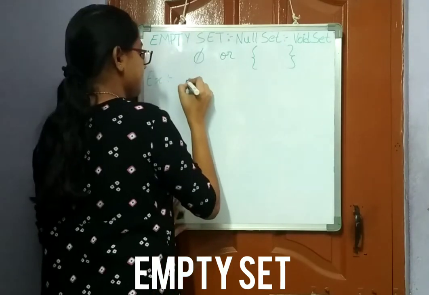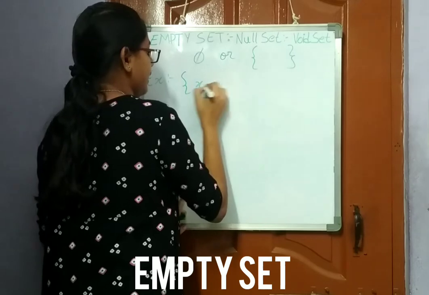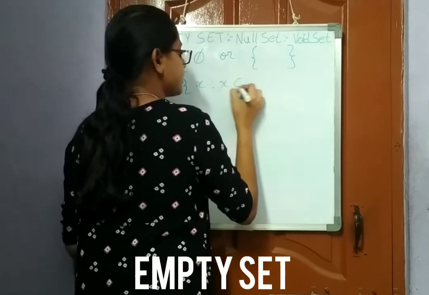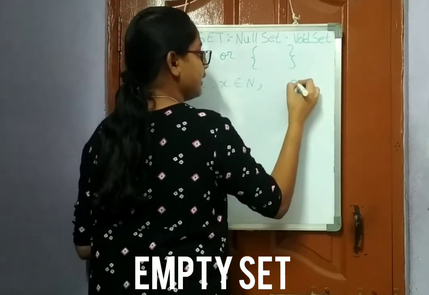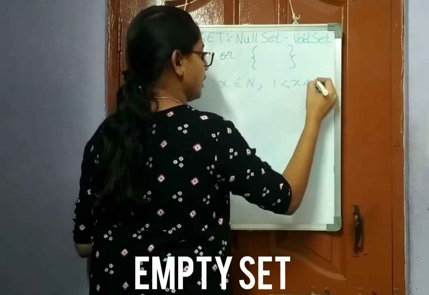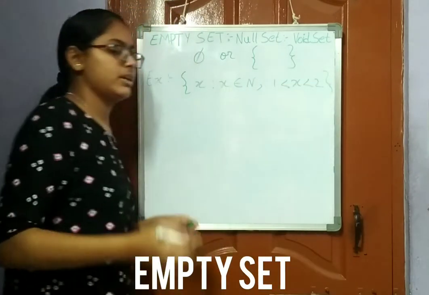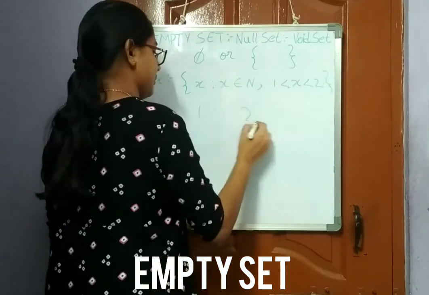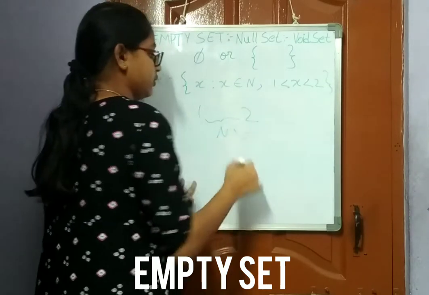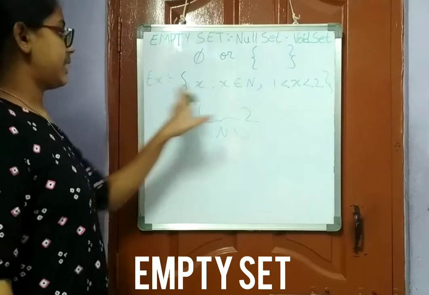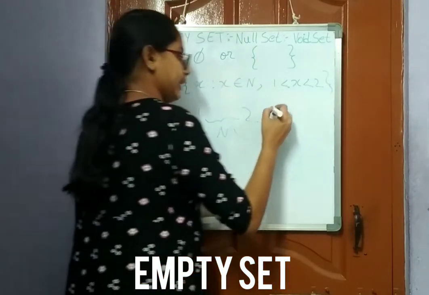Example: X such that X belongs to natural numbers and X is between 1 and 2. We don't have any natural numbers between 1 and 2, so this example will be an empty set.